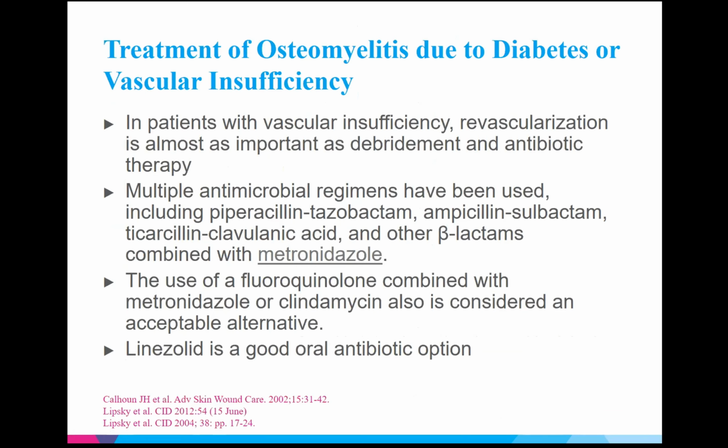So one of the things I always did was to recommend, if it's an internal medicine patient and the patient has not been seen by vascular surgery, to get an evaluation of their vasculature, and then recommend them for revascularization if they actually meet the criteria for revascularization.